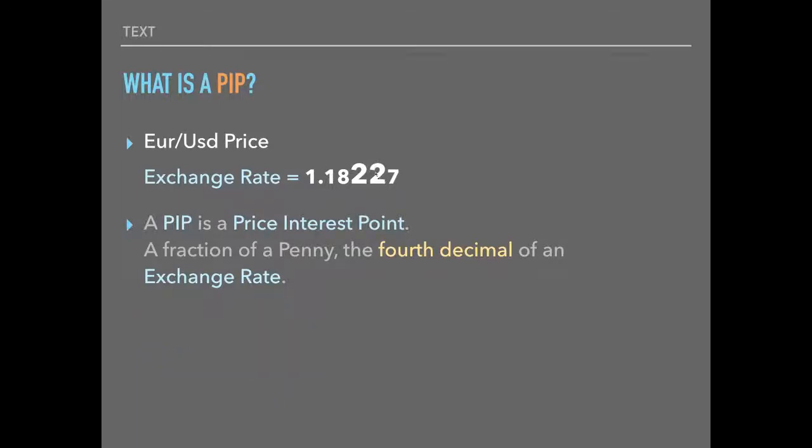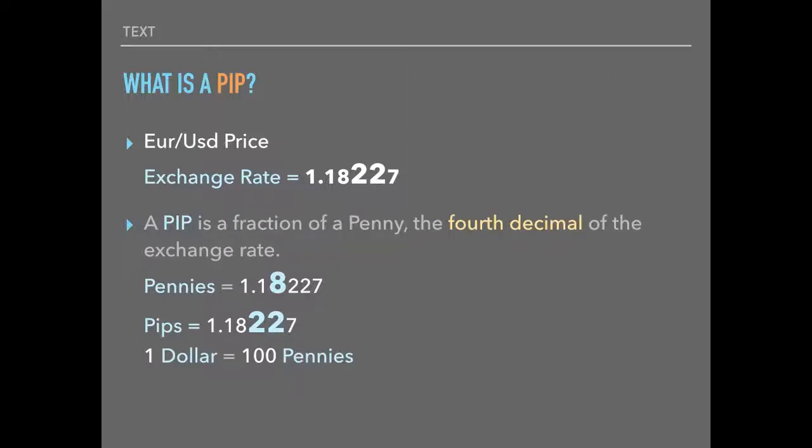Every time this goes up by 1 pip, if it goes up by 10 pips, this will be like 32 right here. To give you a clear understanding, the penny is in the second decimal and a pip is in the fourth decimal.